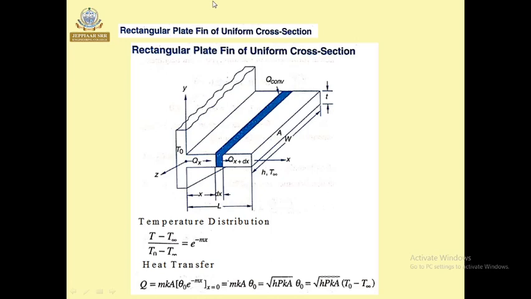Consider a small element, a small strip whose thickness is dx, with heat entering qx and heat leaving qx plus dx.